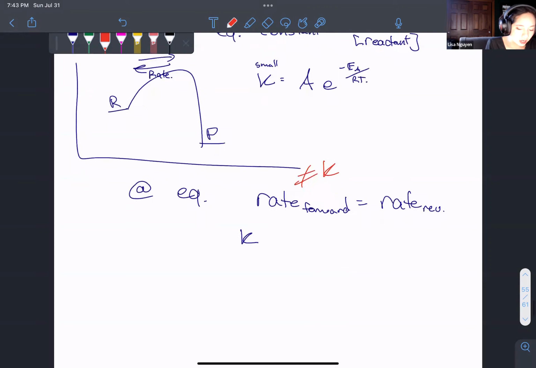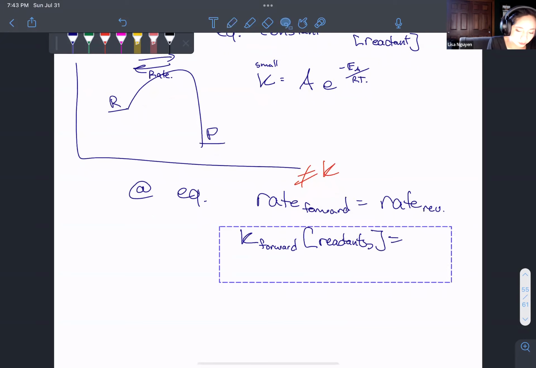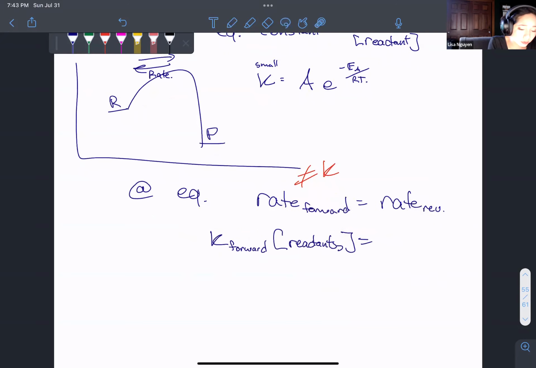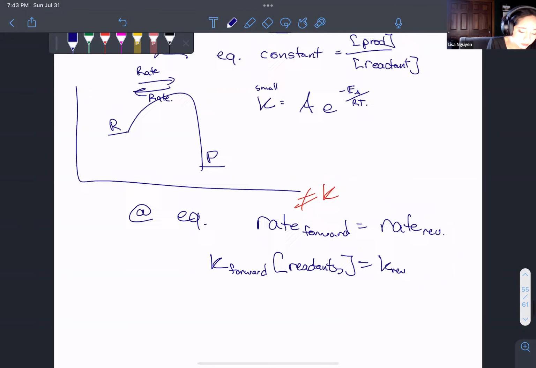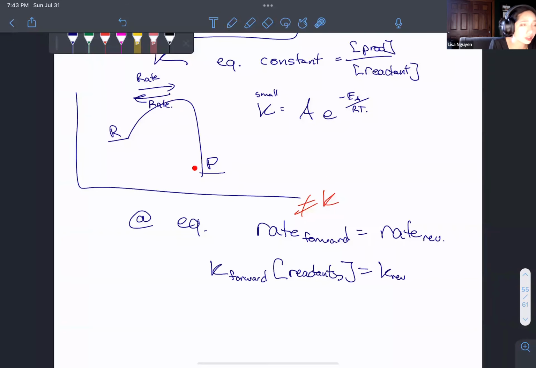So the rate in the forward direction has a k forward rate constant times the concentrations of reactants, and it equals your reverse rate constant times the concentrations of products. The k for the reverse reaction is a different value because the activation energy is a different value.